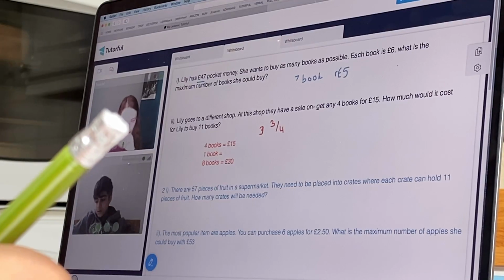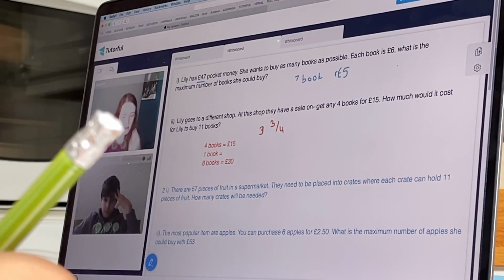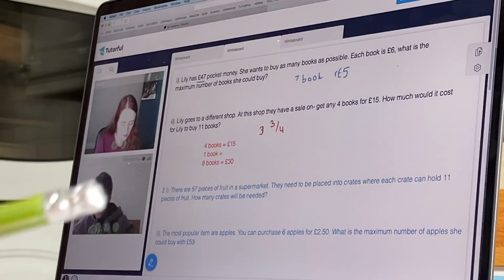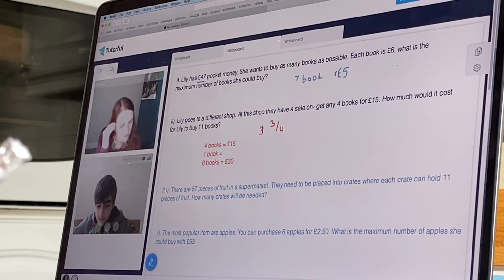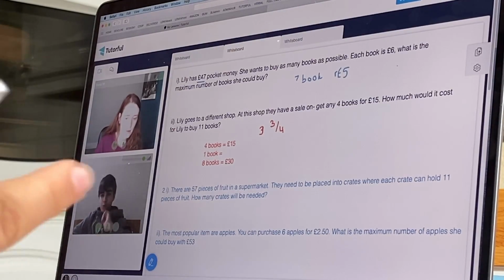So that gives us 3 remainder 3, so about £3. That would be £3.75. Yeah, £3.75 is one book.